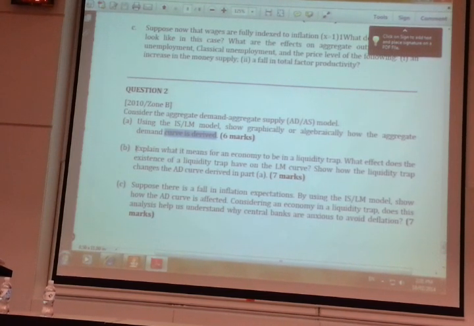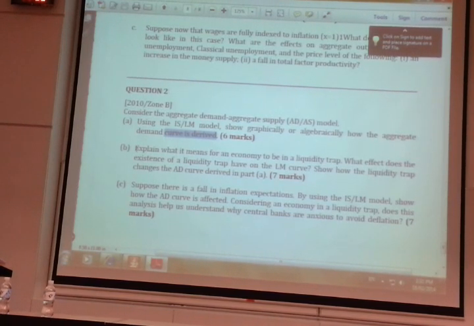But if you look at part B, what it means for a liquidity trap, what happens to the LM curve? You have to derive money demand and money supply to get the LM first. Then from the LM with the IS, derive AD. 7 marks. So if you're not strong in the money market, you literally get 0 unknowingly.